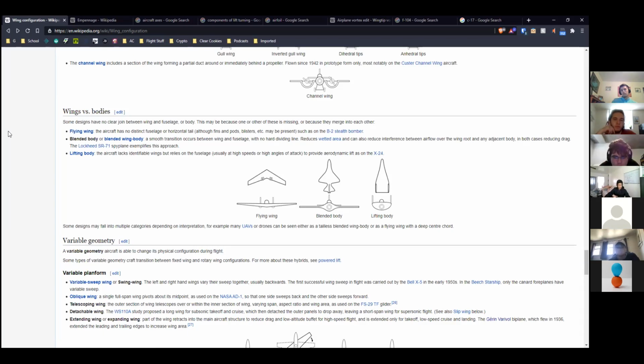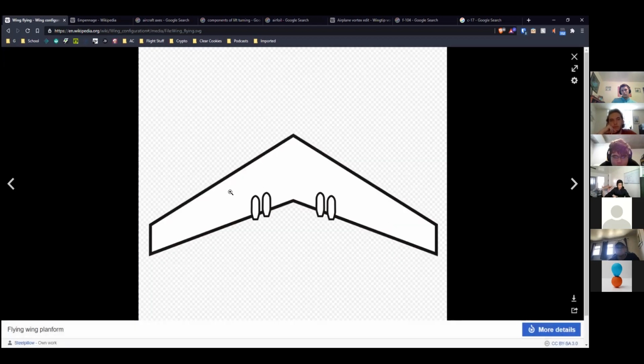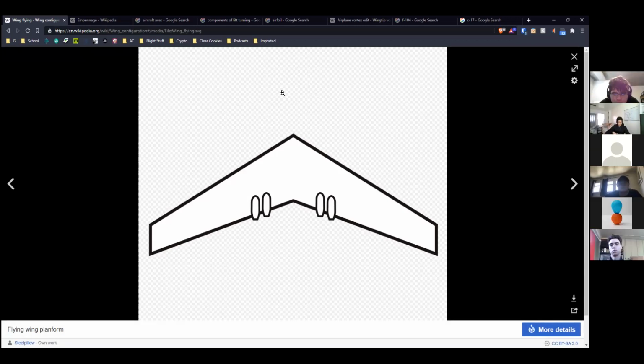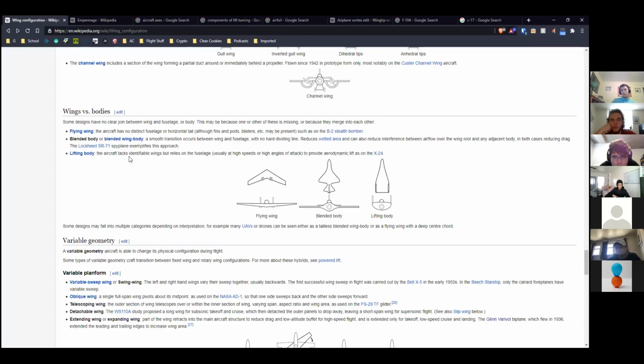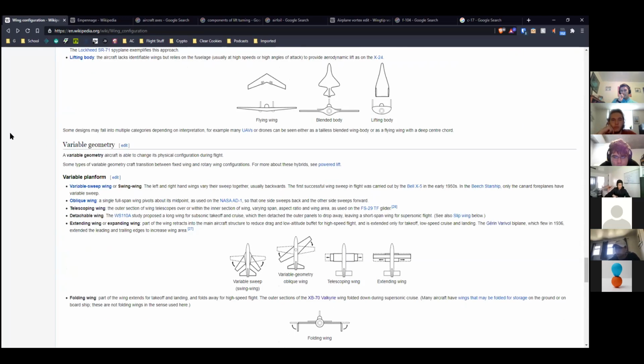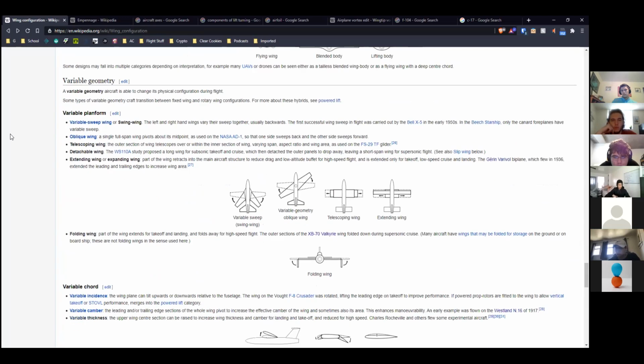I think flying wings can be more efficient than conventional, because they still have drag from their lift, but a normal fuselage really doesn't create any lift, and it does create a bunch of drag. So maybe that's one worth considering and seeing if it makes sense.